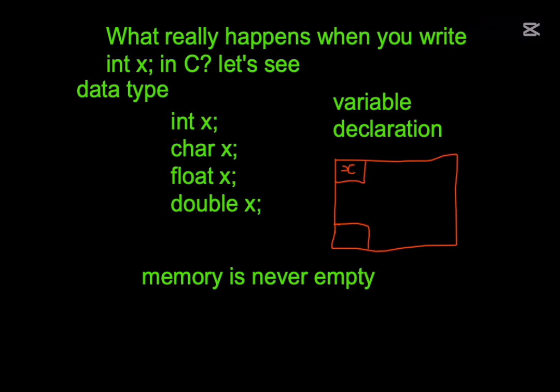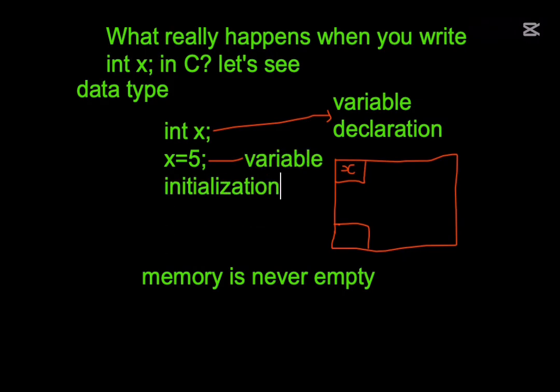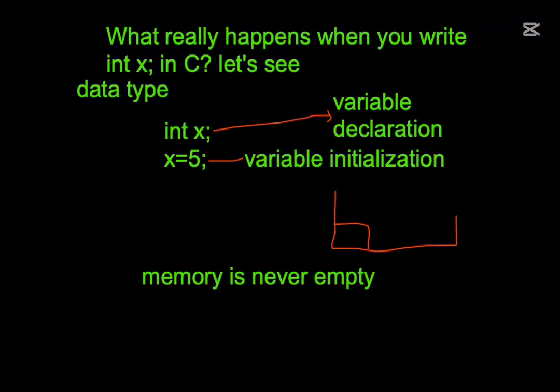Variable initialization. So if I type something like this, int x, something like this is variable declaration. Then this one is called variable initialization. So what happens is that you book a space here, a space that can actually store numbers, which is integer.